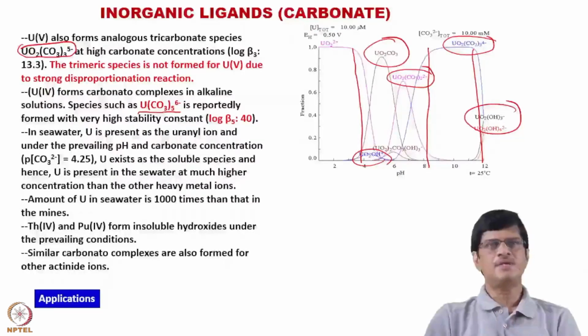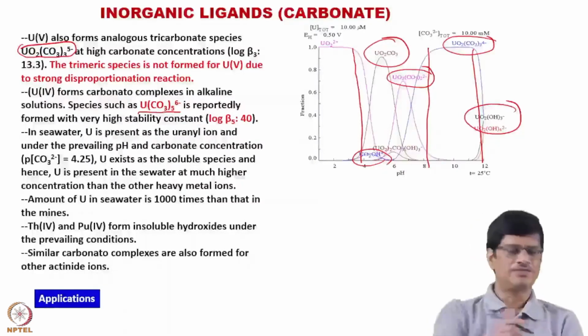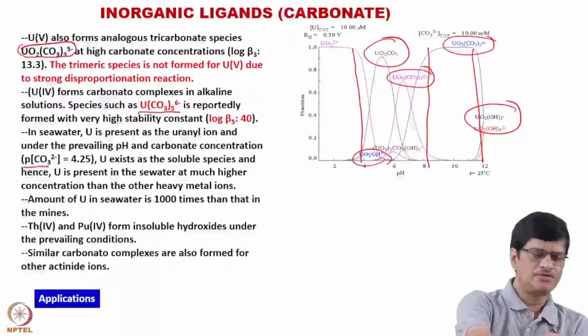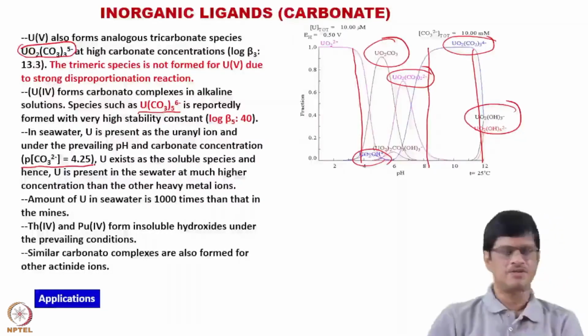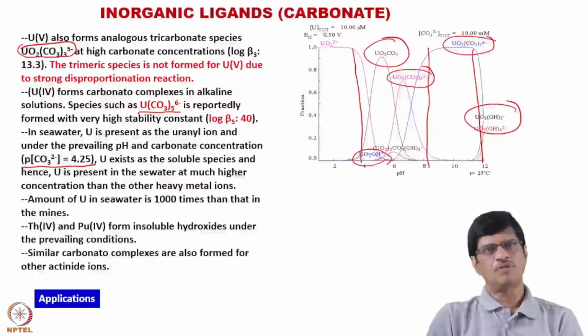Now, one interesting consequence of this carbonate complexation of uranium is that in seawater, uranium is present as the carbonate complexes in its soluble form. As you know, seawater pH conditions and the carbonate concentration prevailing under seawater conditions, that is the pCO3 concentration, are around 4.25.